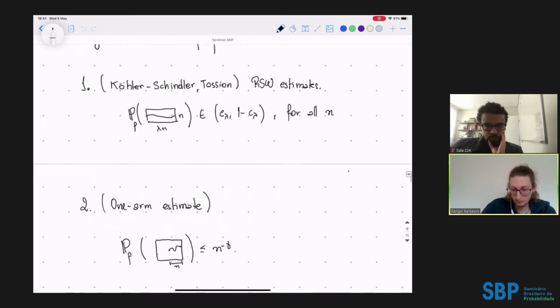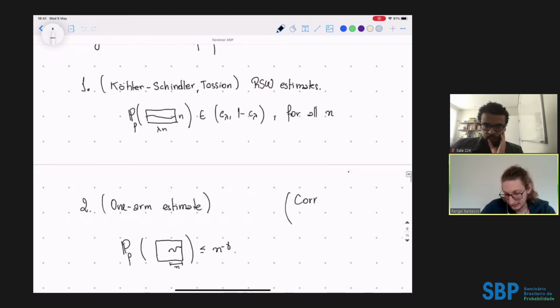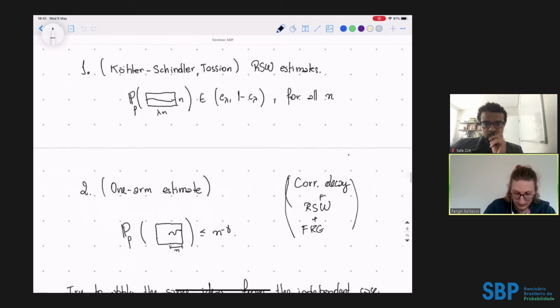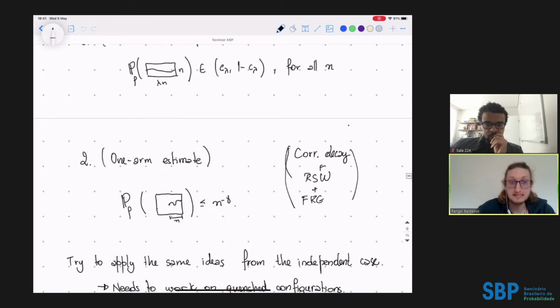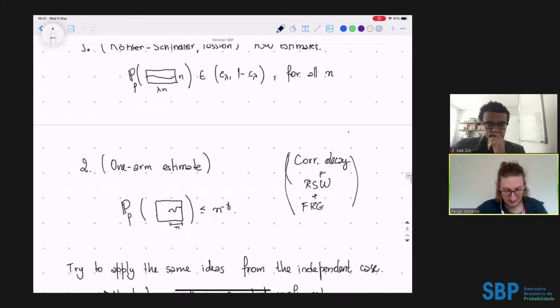And again, here combining correlation decay plus Russo-Welsh and FKG, we get the same one-arm estimate that we have in the independent case.